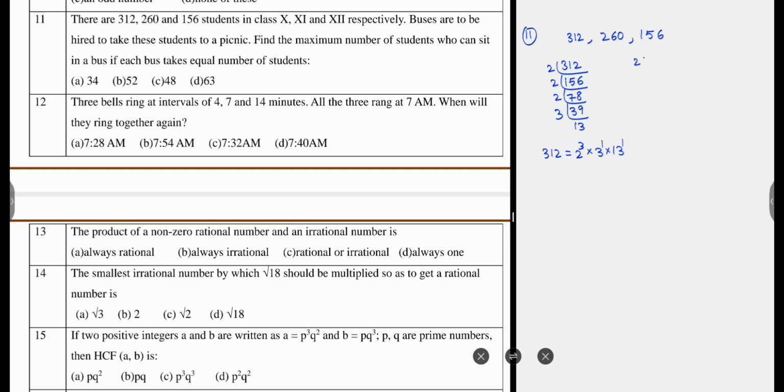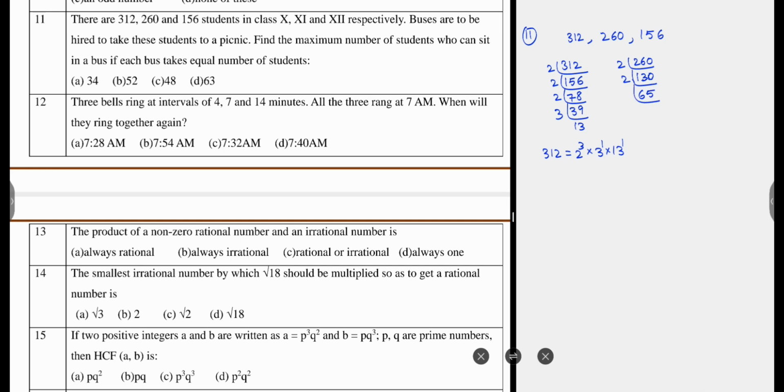Then 260. 2 ones are 2, 2 threes are 6. Again 2 fives are 10, 2 sixes are 12, 2 thirteens are 26. Then 2 fives are 10.